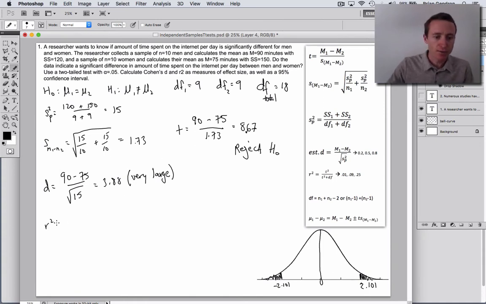R squared. Also another measure of effect size. 8.67 squared, divided by 8.67 squared plus degrees of freedom, which was 18.